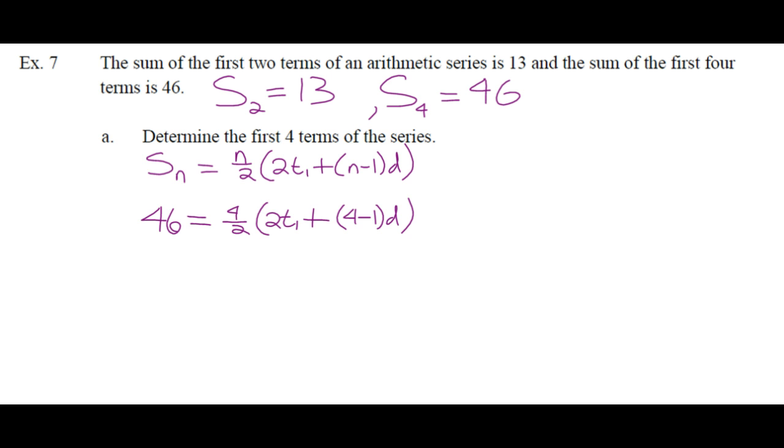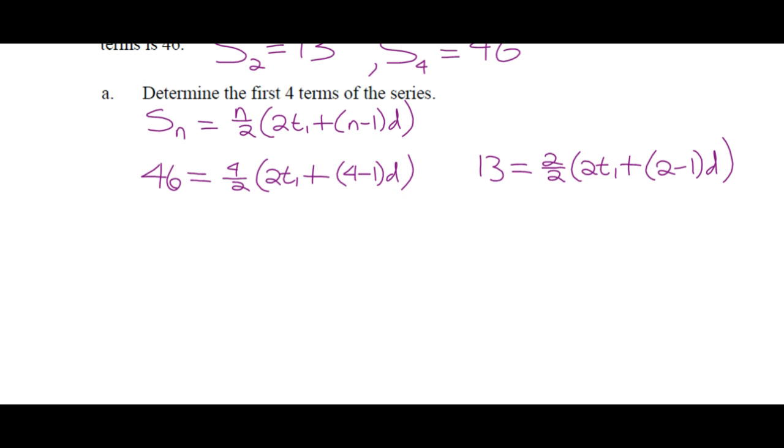But we also know that S sub 2, 13, is equal to 2 over 2 times 2T1 plus 2 minus 1 times D. So we have two equations and two unknowns. We can solve this because we can solve a system of equations. And then once we've got T1 and D, everything just falls from there.